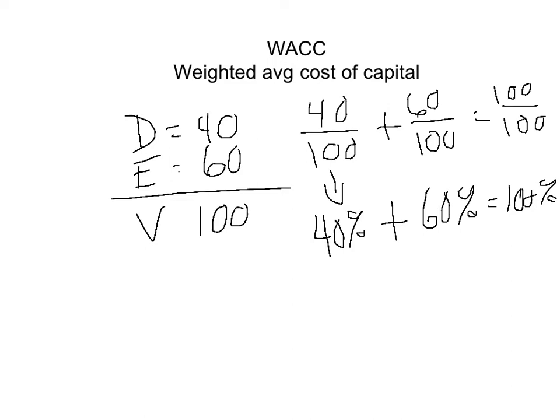Okay, great. So that makes sense. But now we get to the part where we say the cost of capital. We know that there is an overall cost of capital for the company, and here we're just going to call that R, and more specifically, R subscript V. That just lets us know we're talking about the overall company.